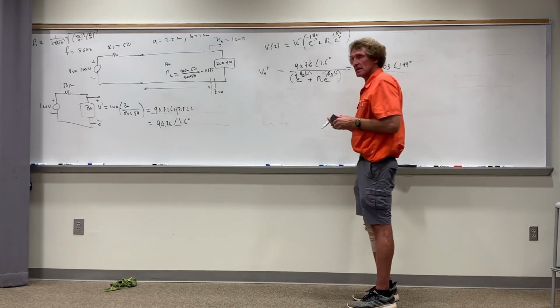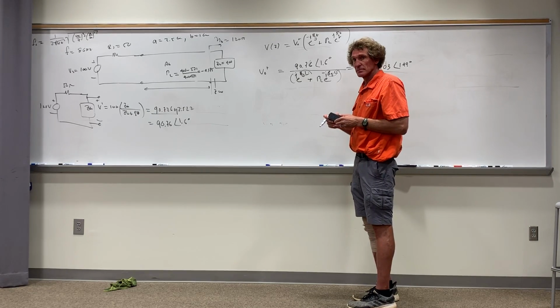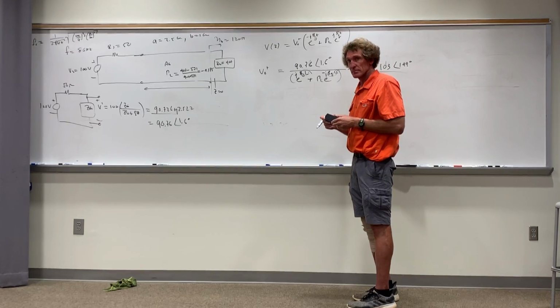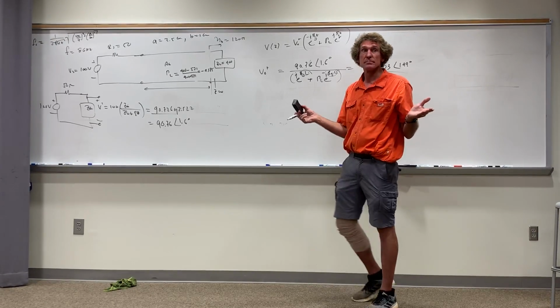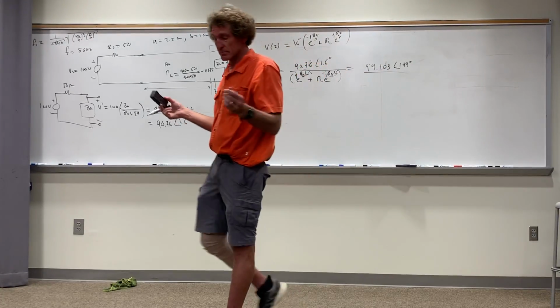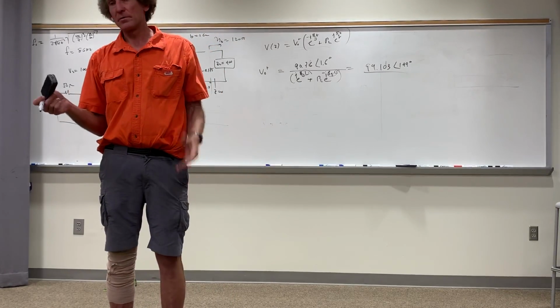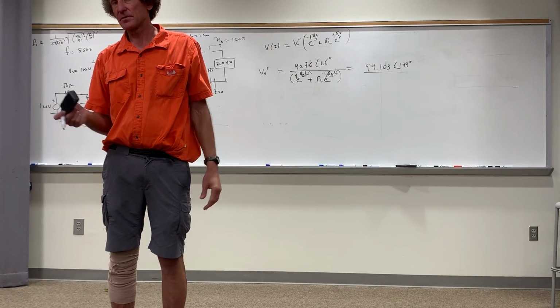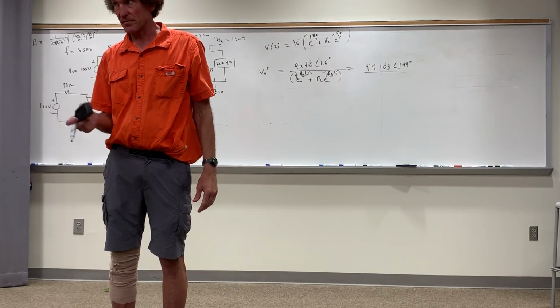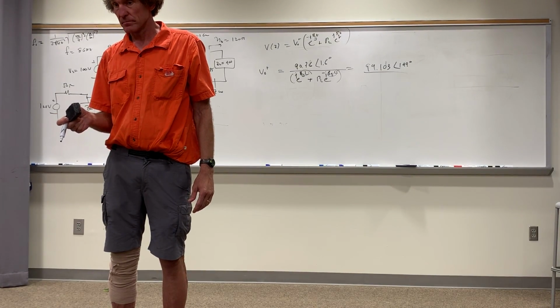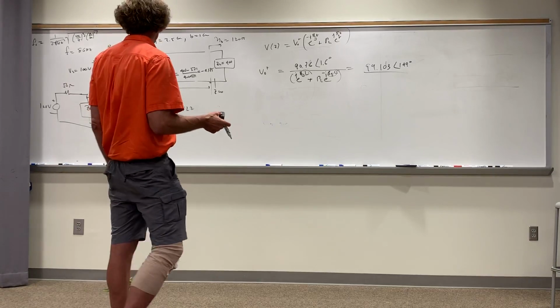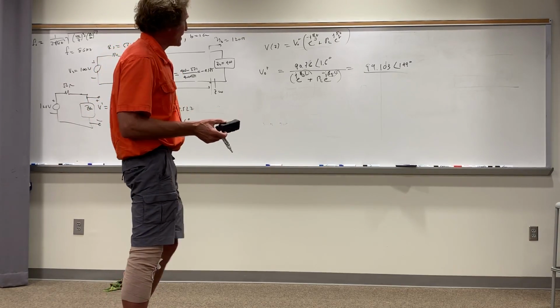Did you guys get that down? I use 9.92 beta L, it won't matter which one you use. It's just round-off errors where it's going to be a slight difference. You got the reflection coefficient. I think I erased it though. But you have that down, right?